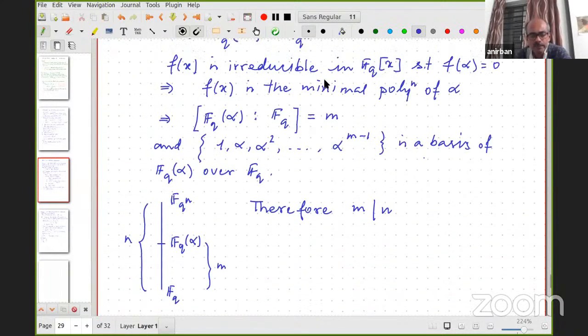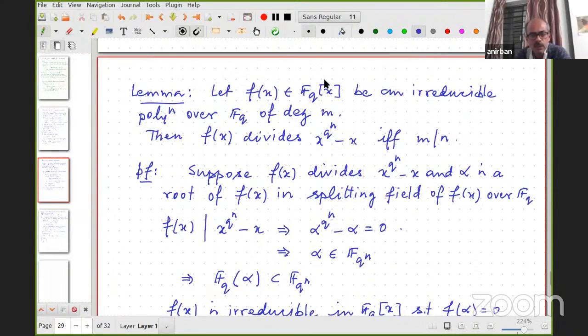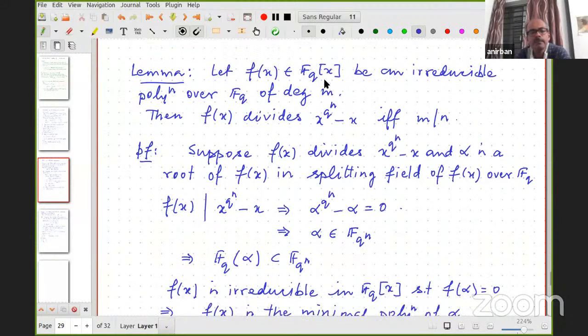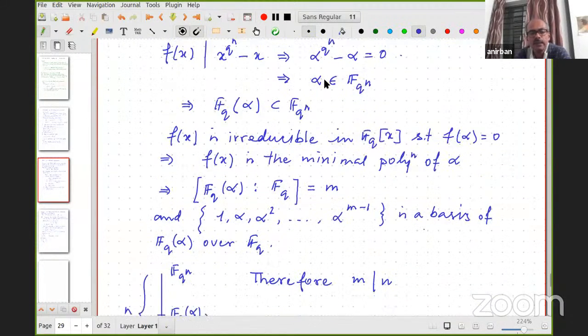So we have a necessary and sufficient condition. Now we need to prove that if m divides n, then f(x) divides the polynomial x to the q to the n minus x. Let's see how it is done.